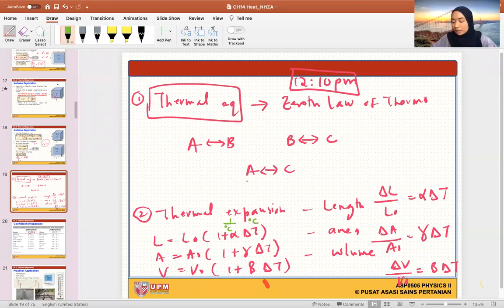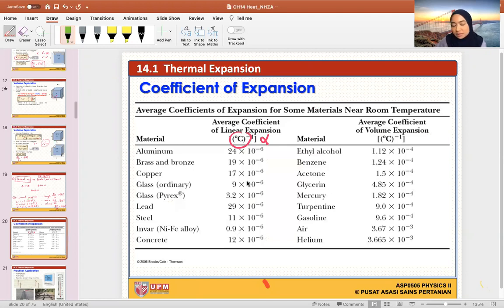It's not Kelvin, it's not Fahrenheit, it is in Celsius. If they give you something in Kelvin, you need to convert it to Celsius first. But that rarely happens, usually they give it in Celsius. This is your linear expansion. If they are asking you about area, 2 times alpha gives you gamma. And if you are talking about volume, like a block of aluminum, times this by 3 to give your beta. Most of the time, they will give you alpha only, so you need to keep that in mind.